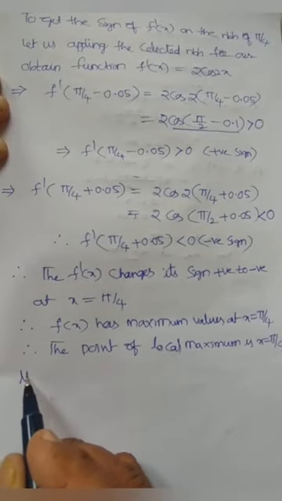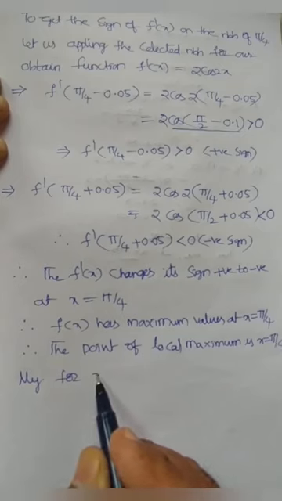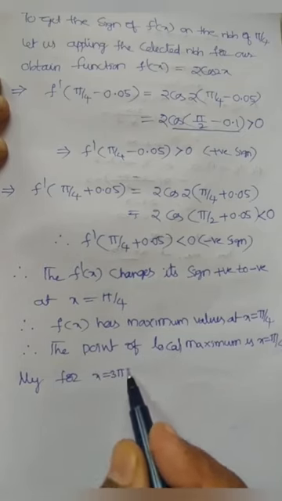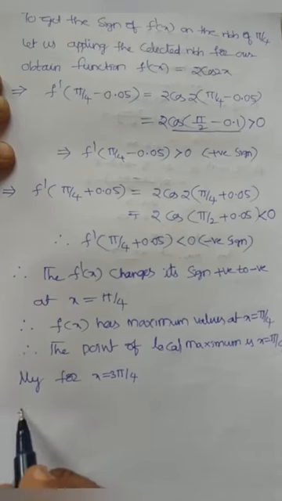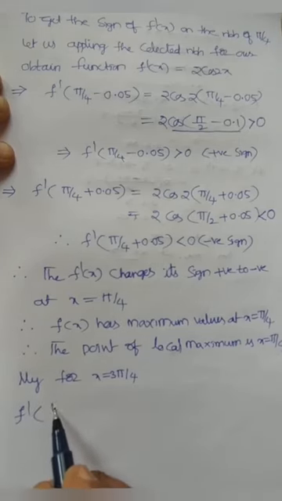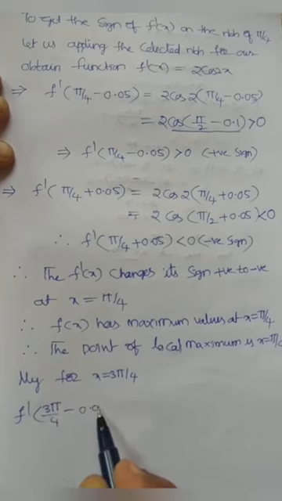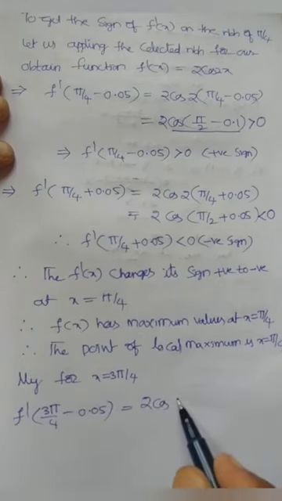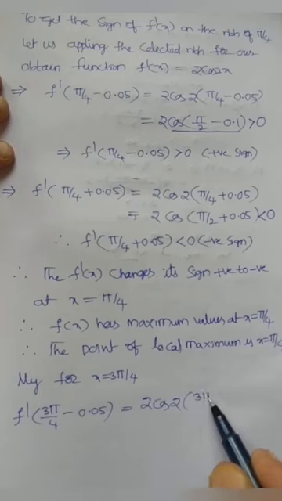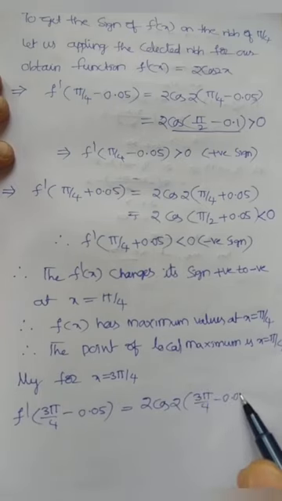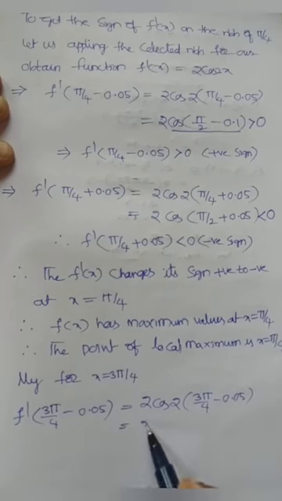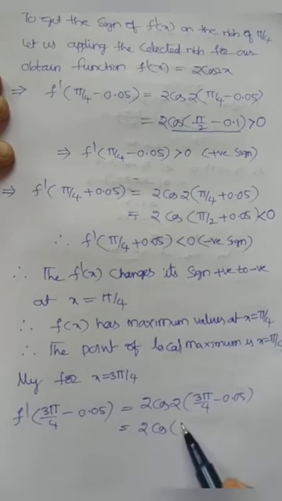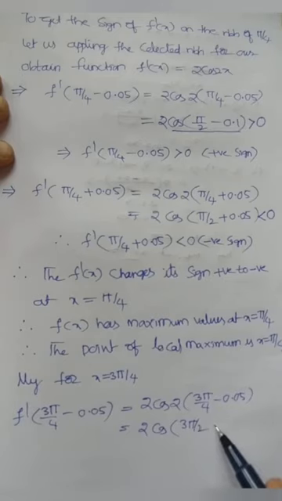Similarly, for x equals 3 pi by 4, f dash of 3 pi by 4 minus 0.05 is equal to 2 into cos of 2 into 3 pi by 4 minus 0.05, which is 2 into cos of 3 pi by 2 minus 0.1.